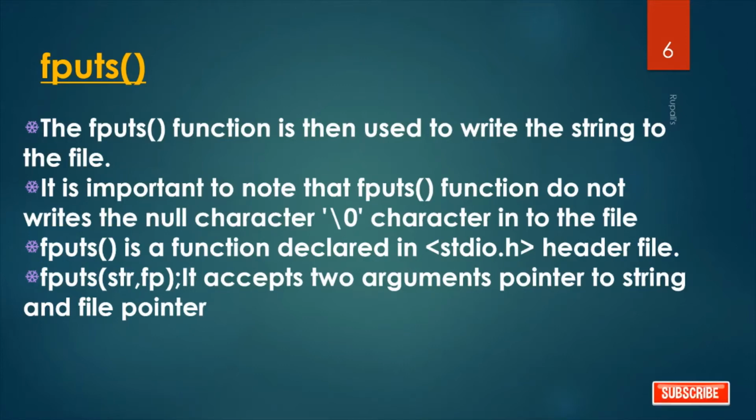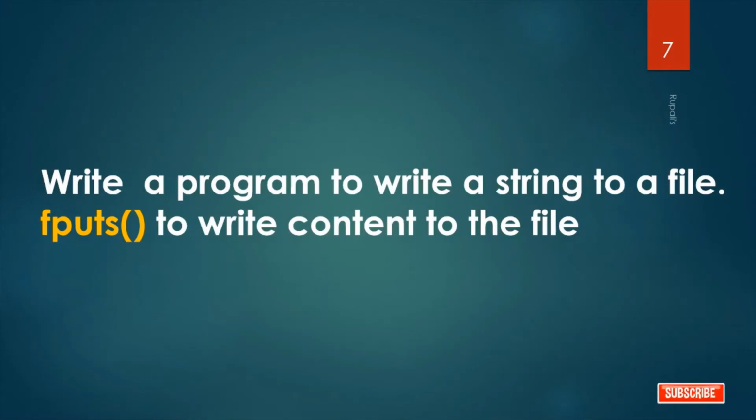Normally we end a string using a \0 character, but fputs does not write it into the file. fputs is declared in the standard header file stdio.h. So the syntax is fputs(str, fp), where str is the pointer to the string and fp is the file pointer. We will learn the fputs function through a program.